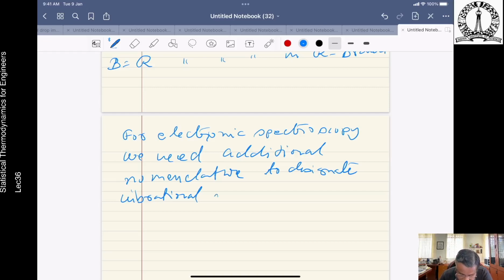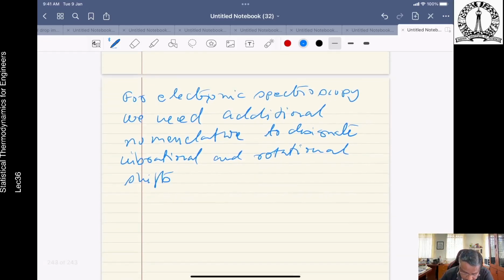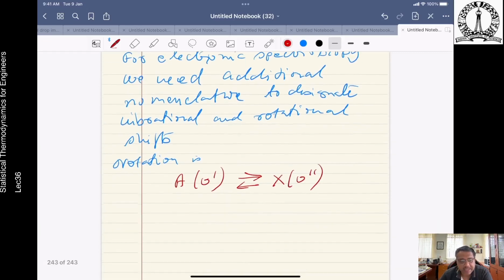So the usual notation is something like A ← X, for the vibrational and rotational shifts.